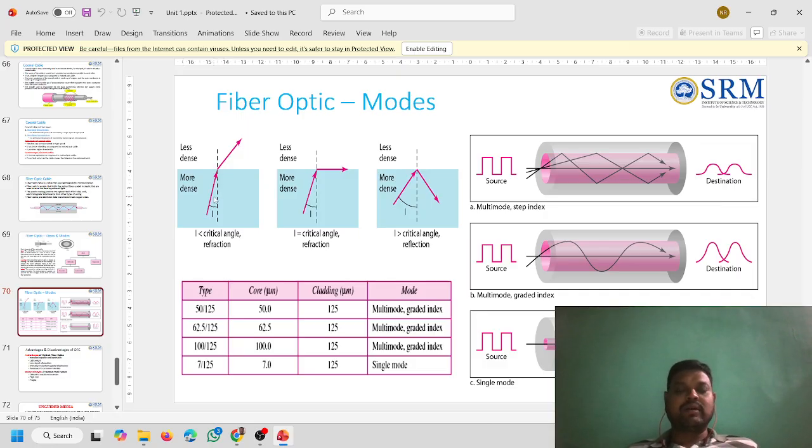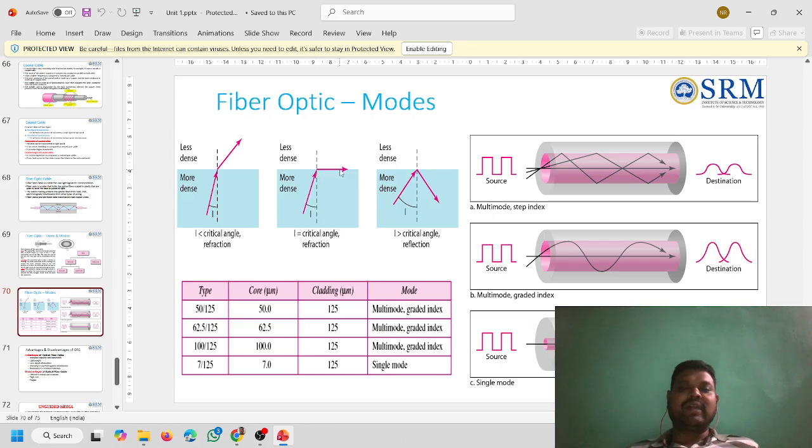While connecting the light signal from the source to the cable, the angle at which the light signal meets the cable is called the angle of incidence, or critical angle.